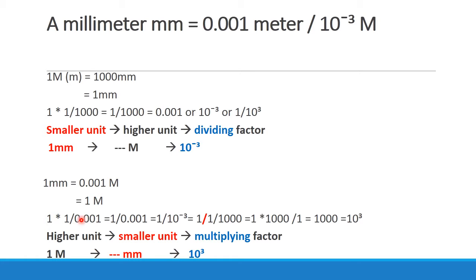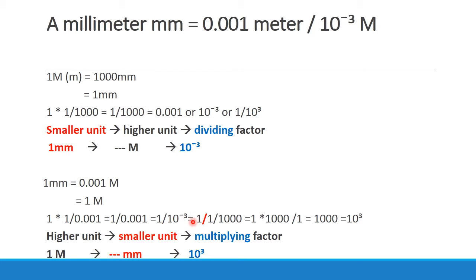How can I write this further? 1 divided by 0.001, again it is further reduced to 1 divided by, I can write 0.001 as 10 to the power of minus 3.